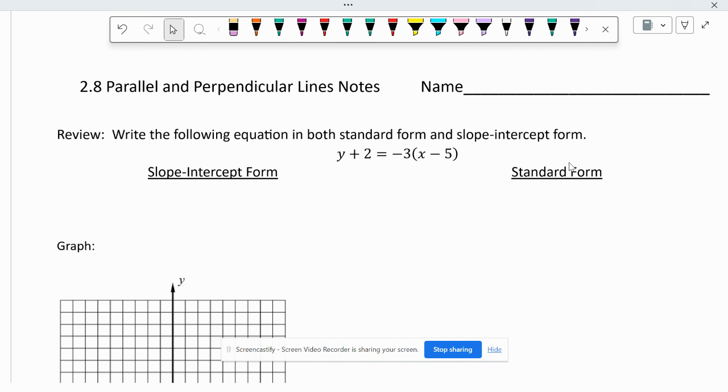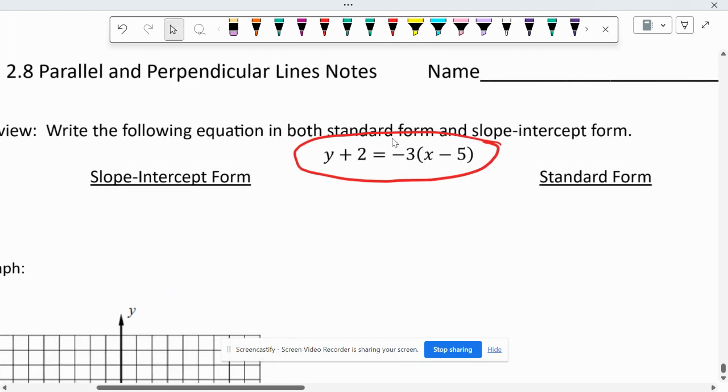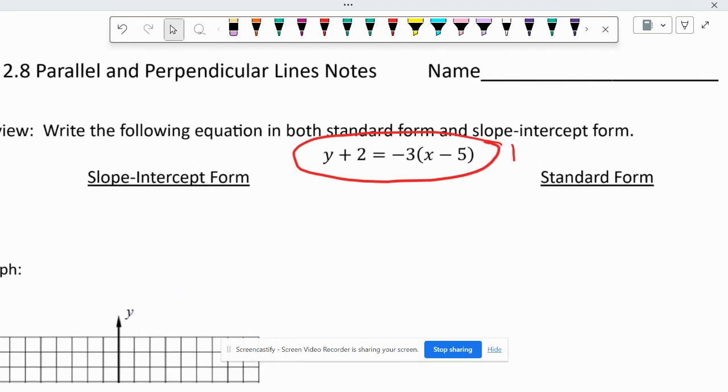So the first thing that we have here is a review. We're taking this equation. What form is this in? We learned it yesterday. That is not slope-intercept form. Yeah, this is in point-slope form. This is written in point-slope form.